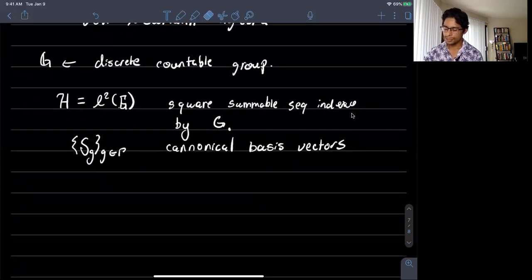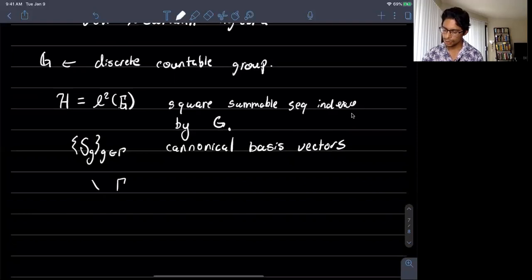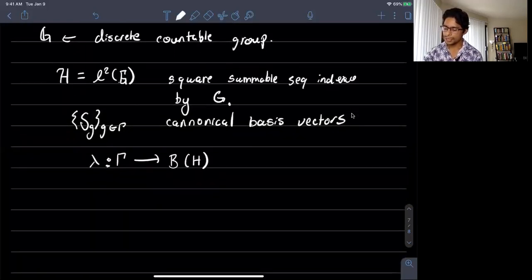And in order to assign an operator, for historical reasons always denoted by lambda, I'm going to use the following formula. This operator, lambda of G, acts on a canonical basis vector by sending this basis vector to this new basis vector, delta GH.